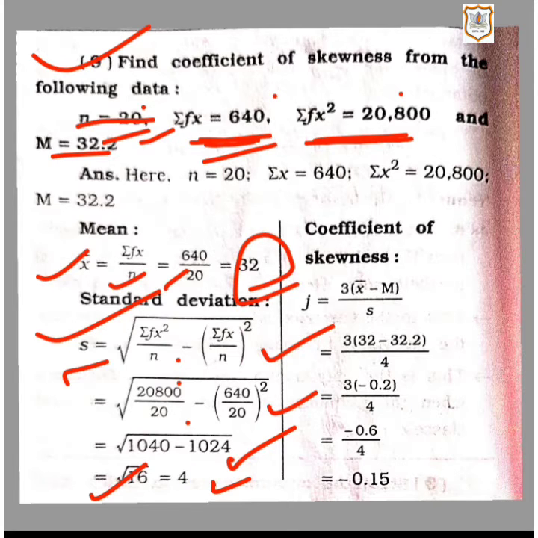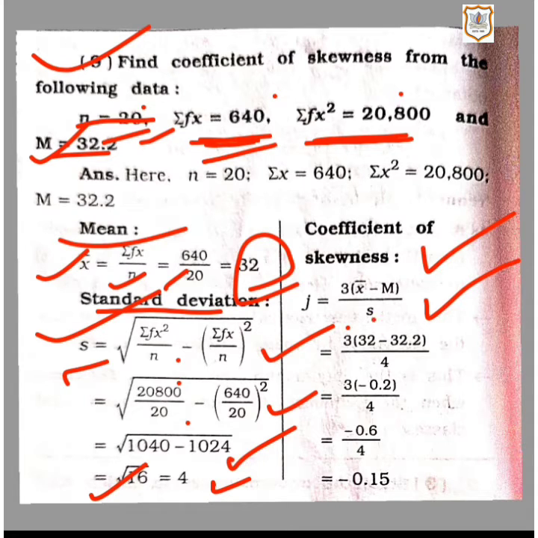So now we have the value of mean, we have the value of standard deviation, and median is given in the question. So we can put the values in the formula of coefficient of skewness. So J is equal to 3 (mean minus median) upon standard deviation. Let's put the values. 3 we will write as it is.